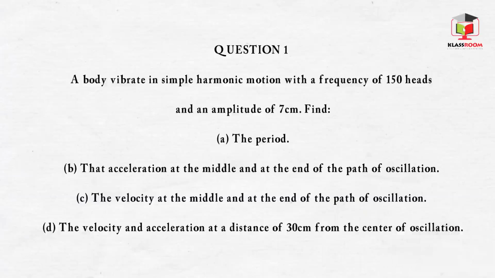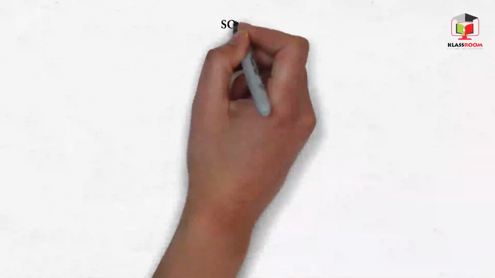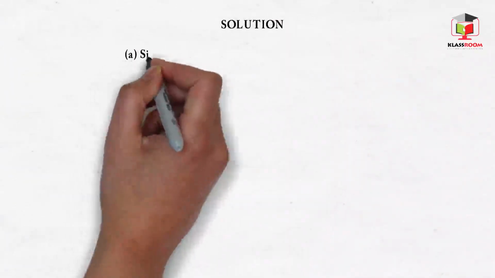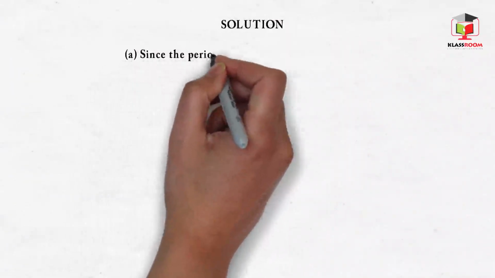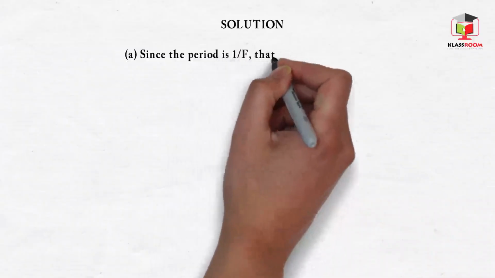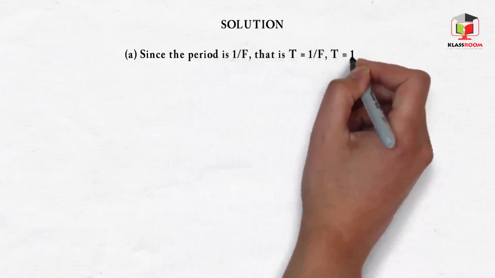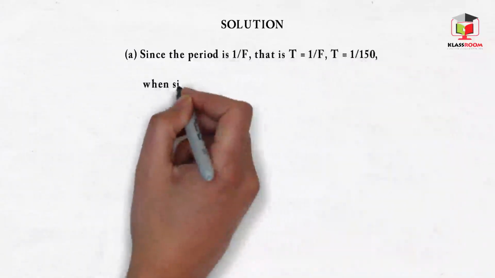Solution. Since the period is 1 over f, that is T equals 1 over f, T will be equal to 1 over 150. When simplified, will give us 6.67 times 10 to the power minus 3 seconds.